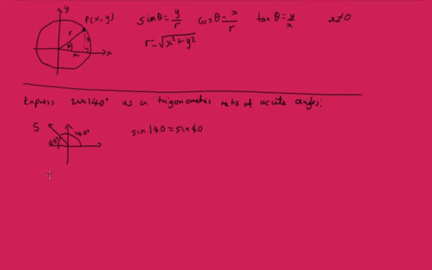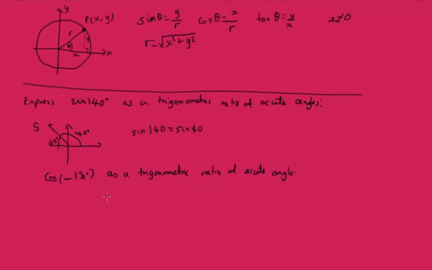We're going to express the cosine of minus 130 degrees in the same way as a trigonometric ratio of an acute angle.